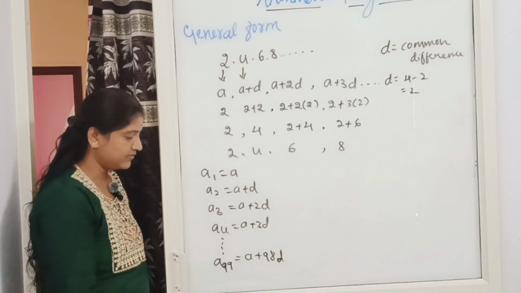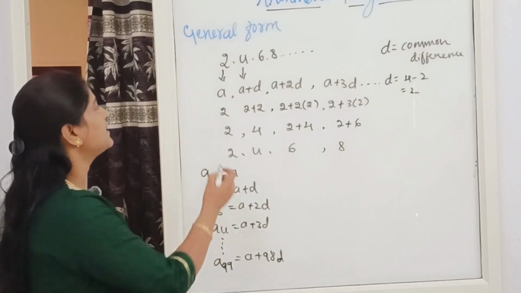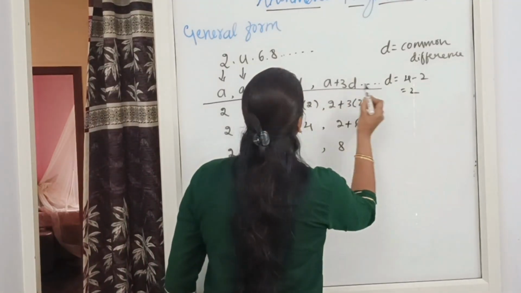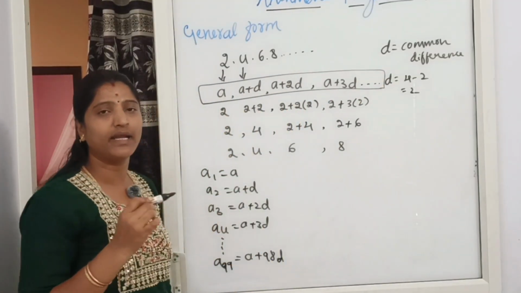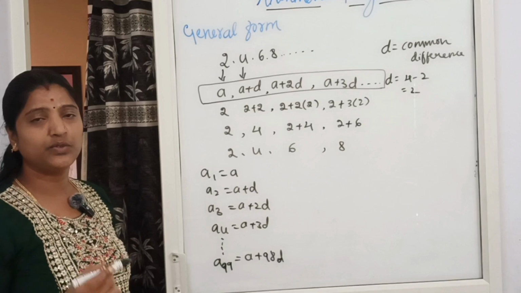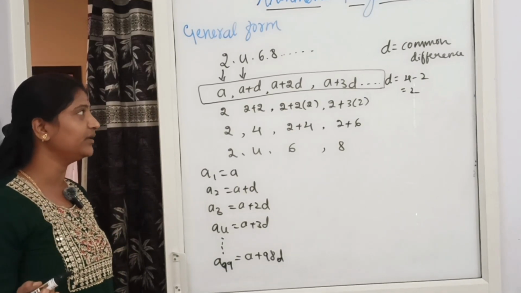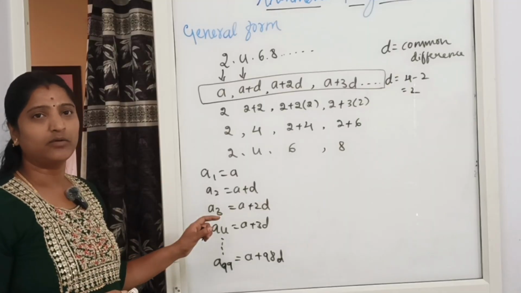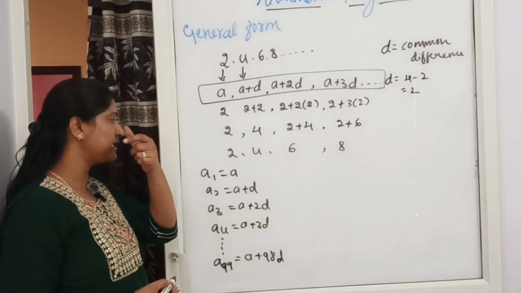So like this we can find any term by using the general formula. This is the general formula. You have to practice thoroughly. A, A plus D, A plus 2D, A plus 3D, A plus 4D, like that it will continue. By doing sums it will come automatically, but you have to practice. So now, the introduction, you have to just understand this one.